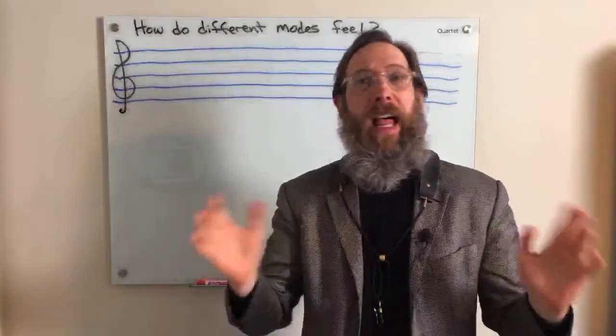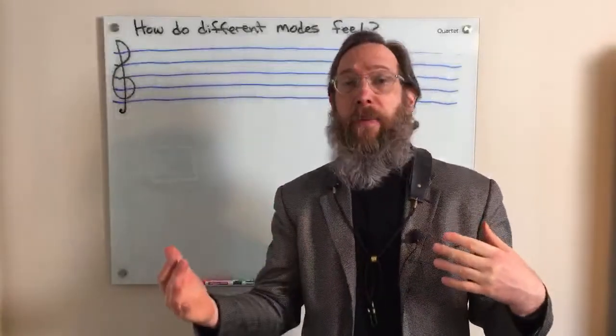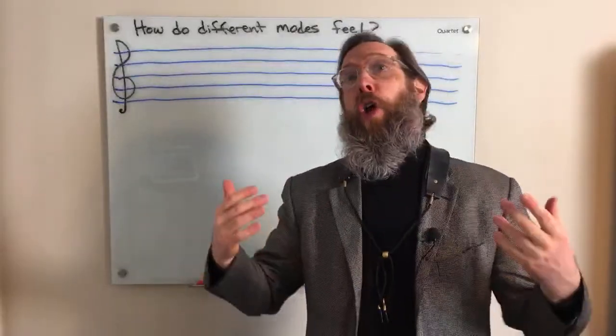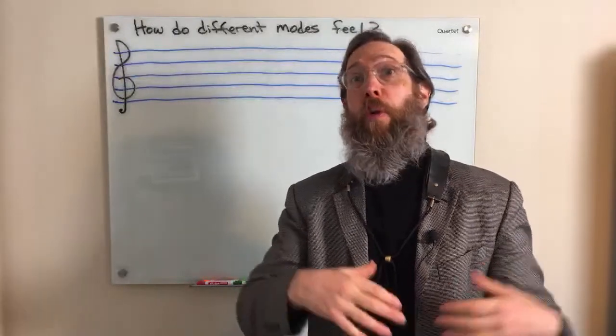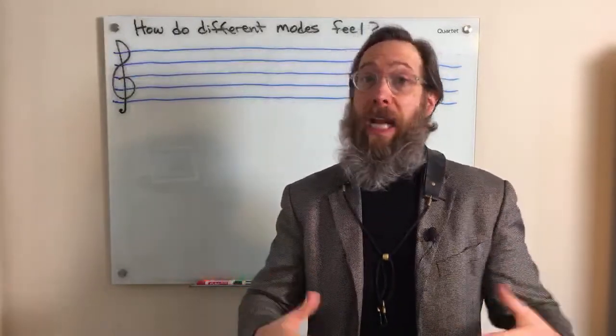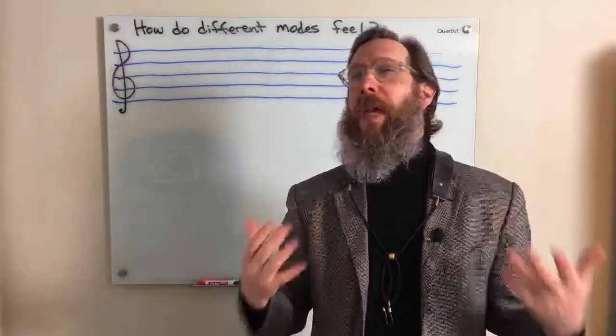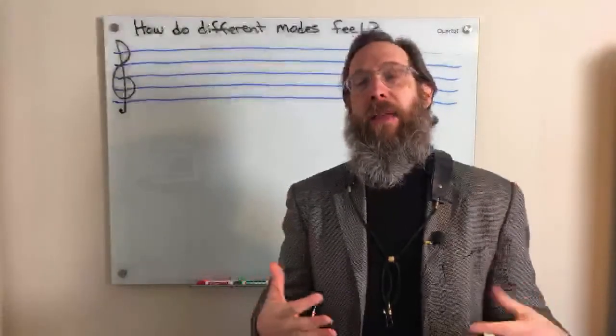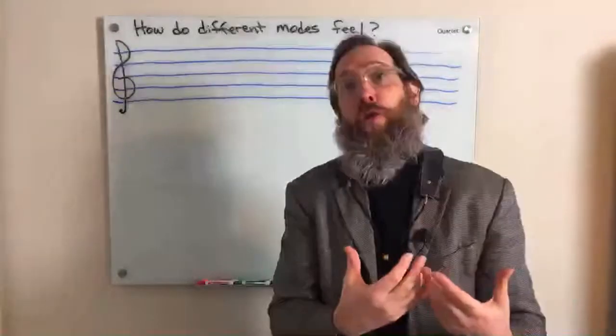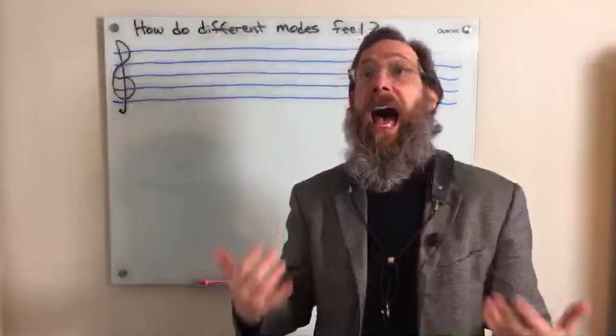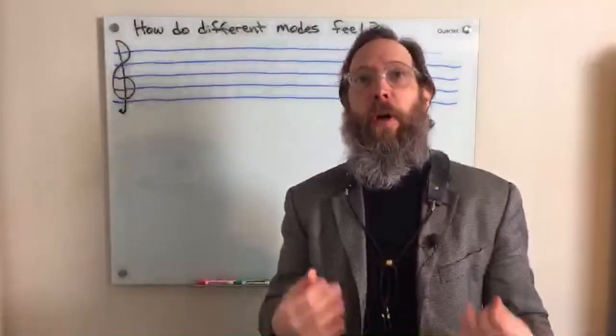All these classical pieces, as well as a lot of contemporary and popular music, use modes. So the question was originally, how do you spot them and identify them? But for me, the bigger question that's equally as important is, how do they feel differently? Because each mode has a different feeling.